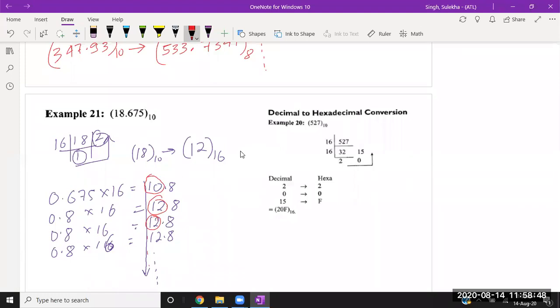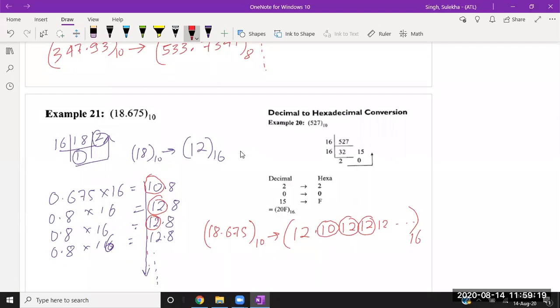Okay, so whenever I am converting 18.675 base 10 into hexadecimal, I can write 1 2 point 10, 12, 12, 12, and so on. This 10 is one number, this 12 is one number, this 12 is one number. If I'm writing in this way, this is my incorrect answer.